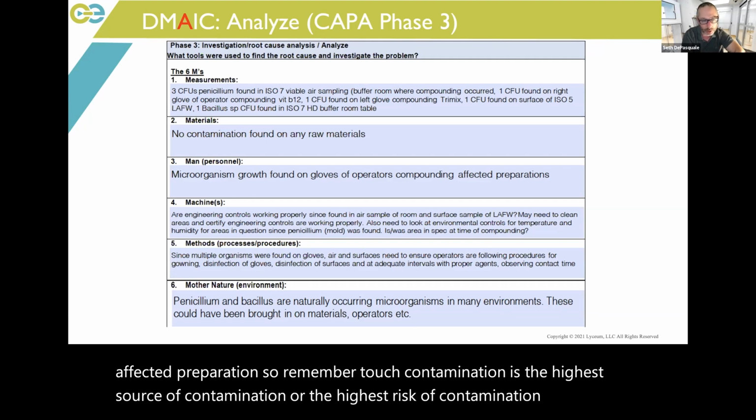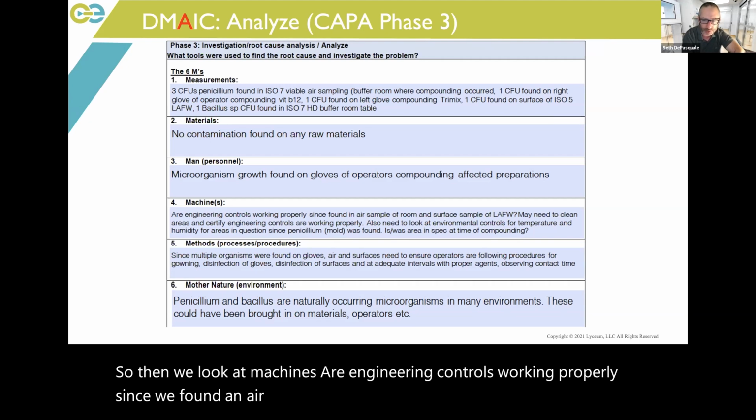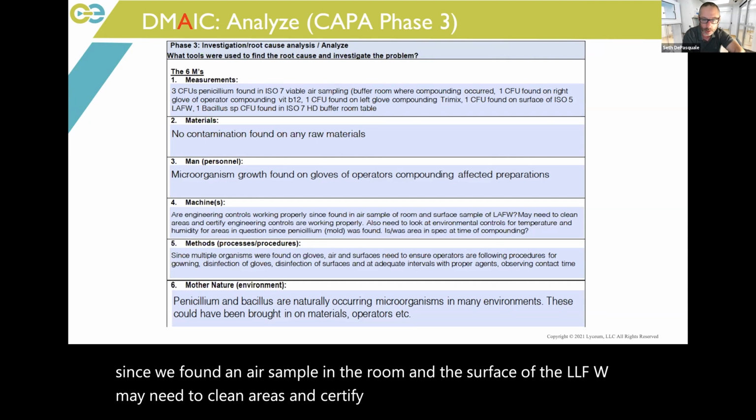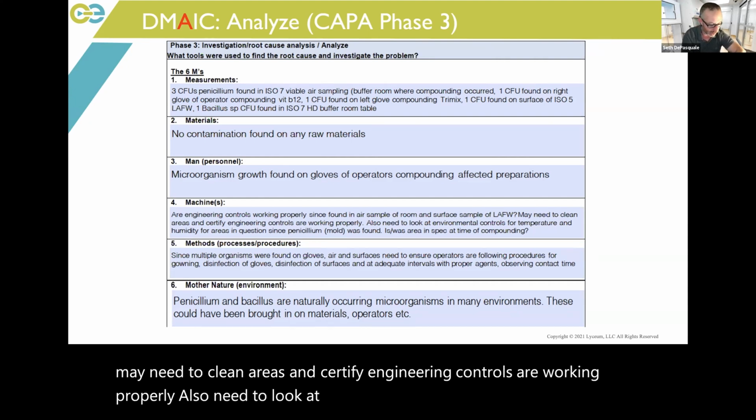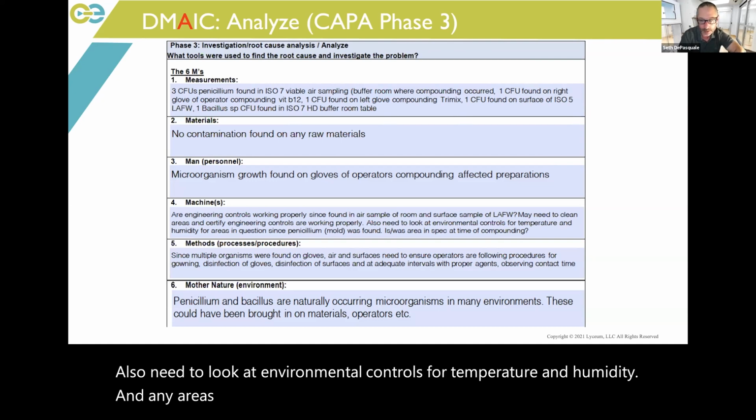So then we look at machines working properly, since we found an air sample in the room and the surface of the LAFW. May need to clean areas and certify engineering controls are working properly. Also need to look at environmental controls for temperature and humidity, and any areas in question, since Penicillium was a mold that was found.